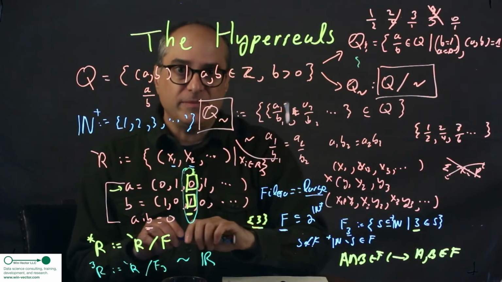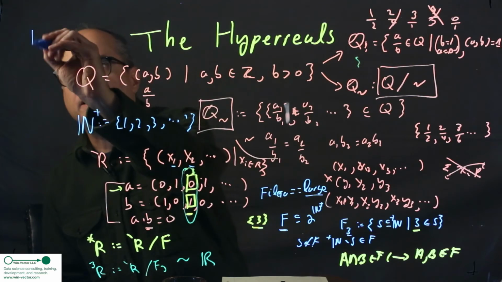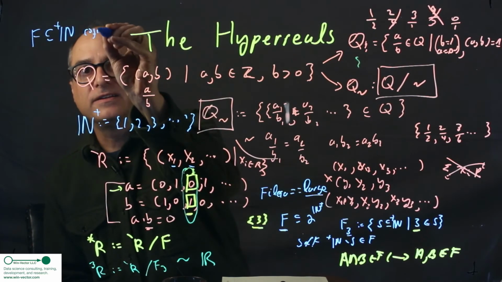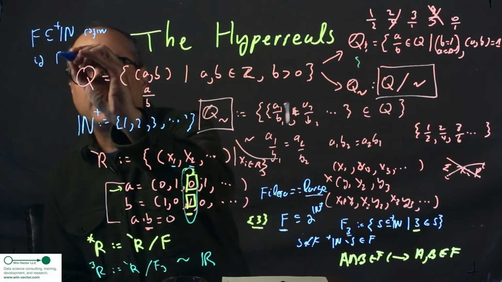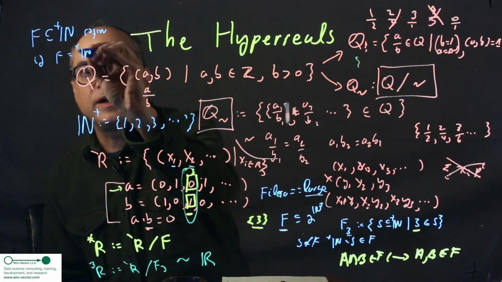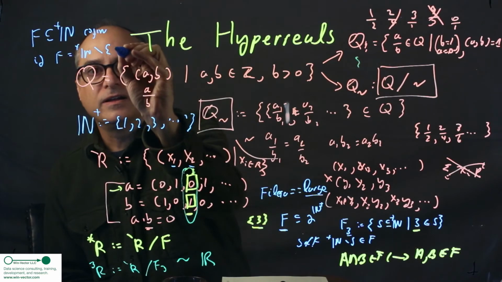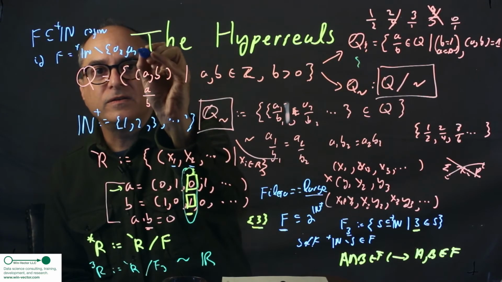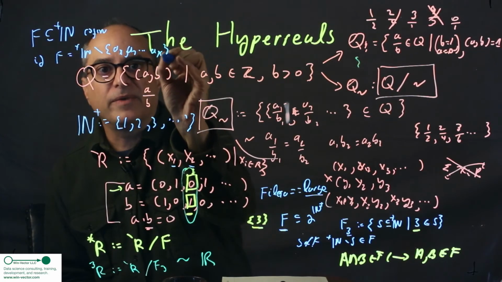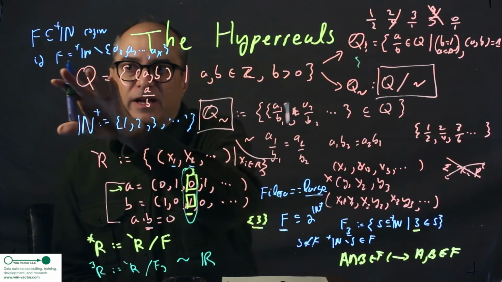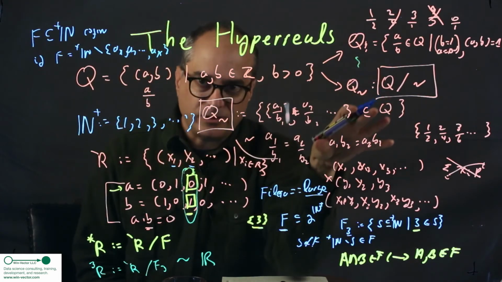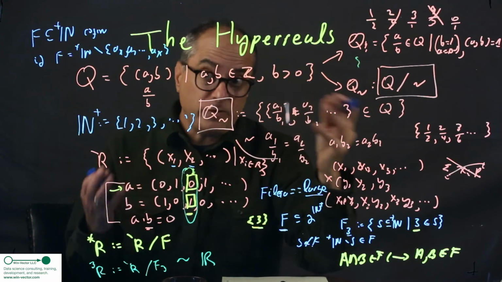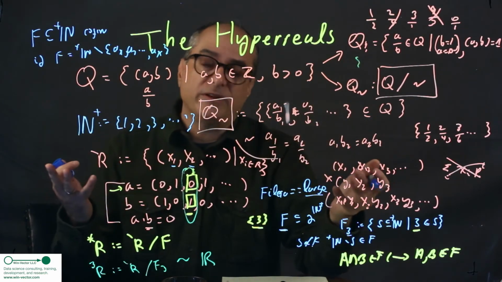A set F contained in N plus is cofinite if F equals N plus minus {A1, A2, ..., AK} for some A's. So a cofinite set is all of the natural numbers minus at most a finite number of points. Those are large sets. They're almost all the points of N.